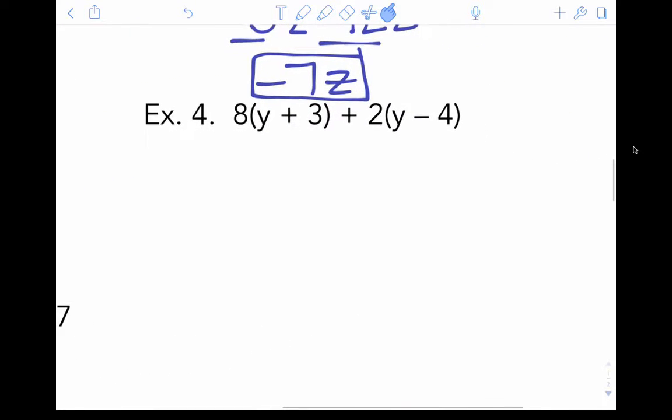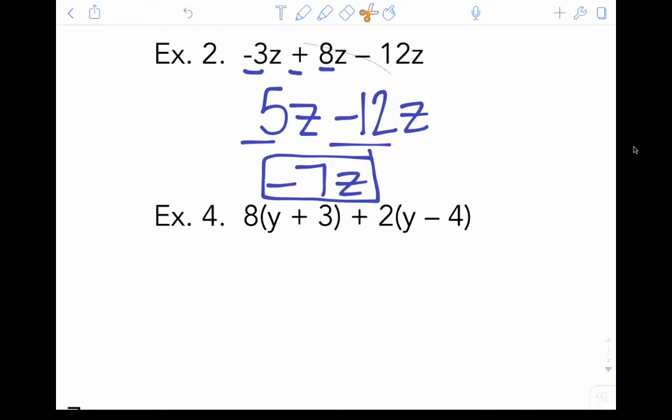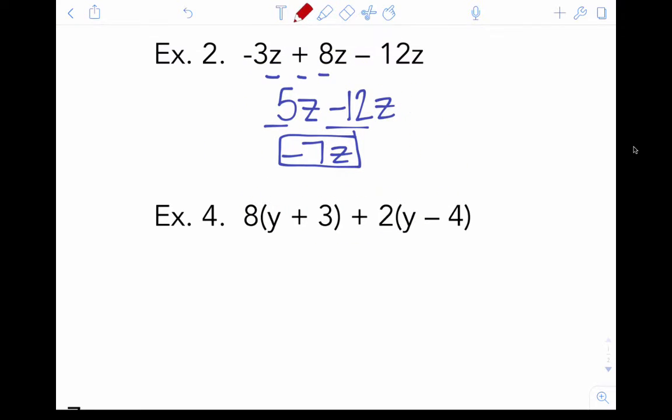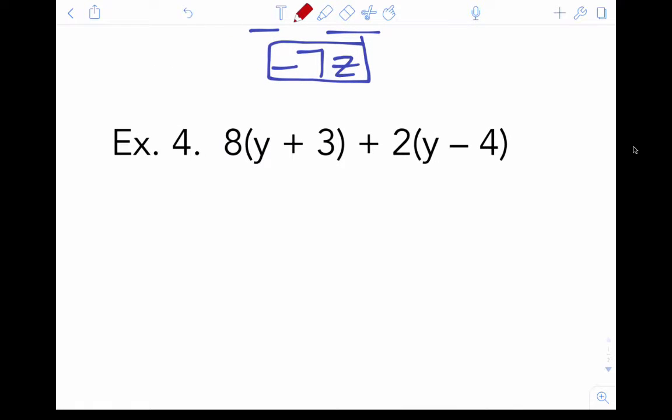Example 4 is getting a little bit more intense. And so for example 4, we can't just combine right here. Before we can do that, we have to get rid of these parentheses because that's holding us back. So what we need to do is distribute those numbers to both parentheses, and then we'll have a problem like examples 1, 2, and 3 when we can just combine our like terms.